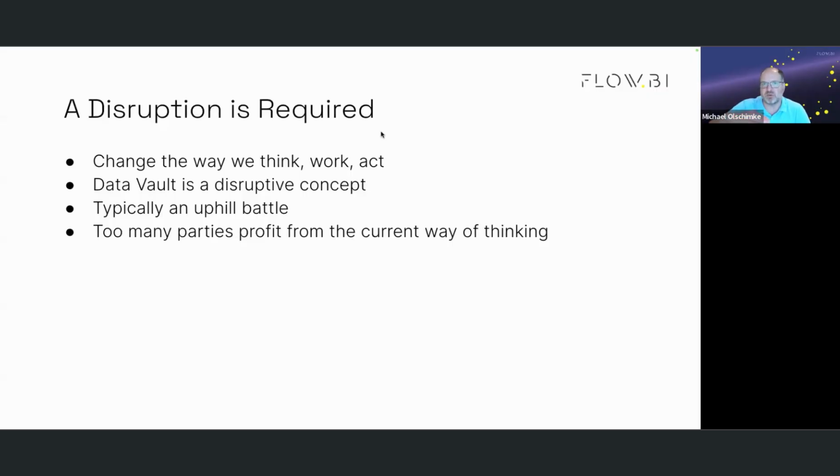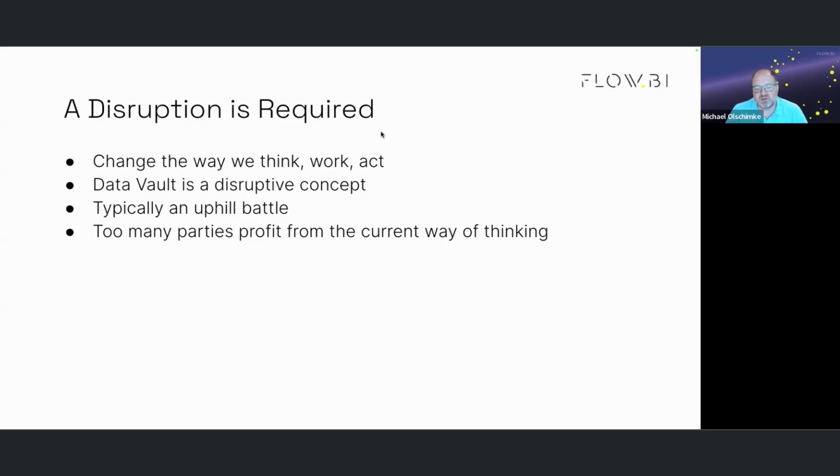They will improve your situation a bit, but the fundamental problem is much bigger than our incremental solutions. So we need some disruptive solution to solve the problem, or at least have a solution that scales with the problem. And that requires changing the way we think, how we work, how we act. That's number one. So we have to have a bit different thinking.